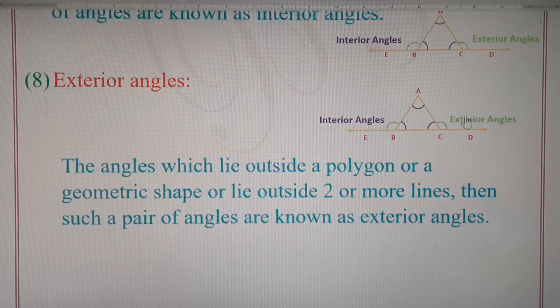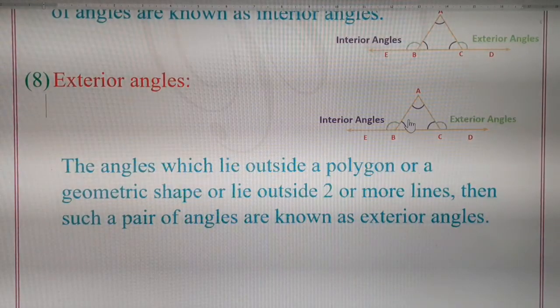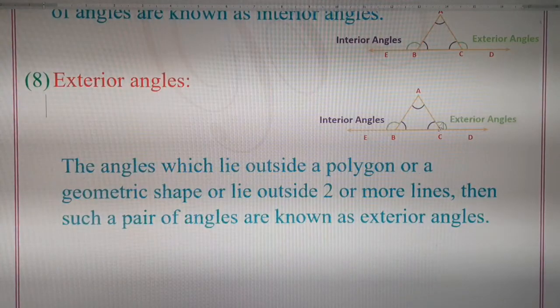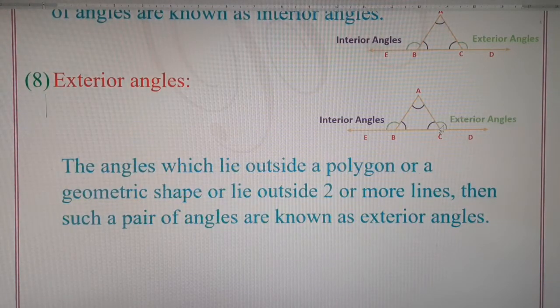So here in this diagram I have drawn the exterior angles and I marked it with the green color. So we can say the angles which lie outside the triangle are known as the exterior angles, or it can be lying outside a polygon or any shape, or the angles which lie outside two or more lines, then those pair of angles are known as exterior angles.